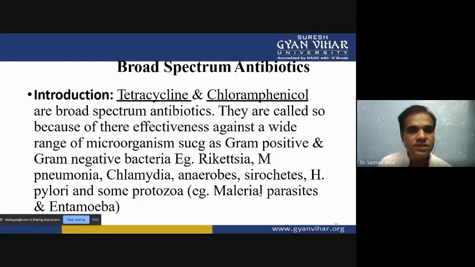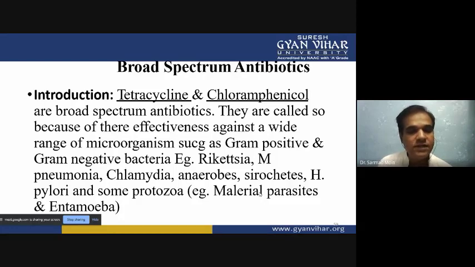So the first ones are tetracycline and chloramphenicol, and they are broad spectrum antibiotics. We are still using these antibiotics, and we have multiple types, from first generation to fifth generation. They are called broad spectrum because they are effective against a wide range of microorganisms, like gram positive bacteria and gram negative bacteria.